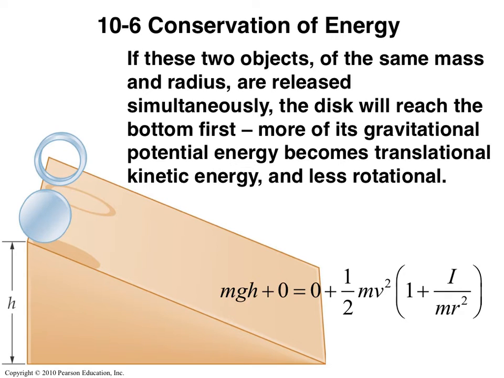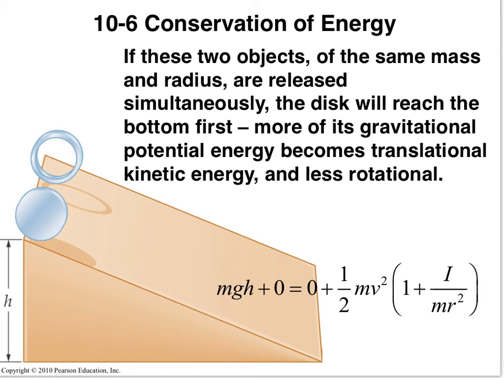In a case like this, when it is just rolling down, there's no sliding, there's no work done by friction, and you will have what is called conservation of mechanical energy. Conservation of mechanical energy tells you that the total potential energy at the beginning, U sub i, plus the total kinetic energy at the initial stage, which is at the top here, must be equal to U final plus K final.